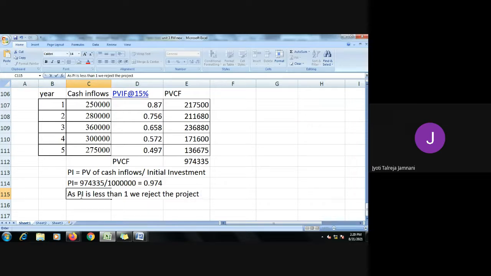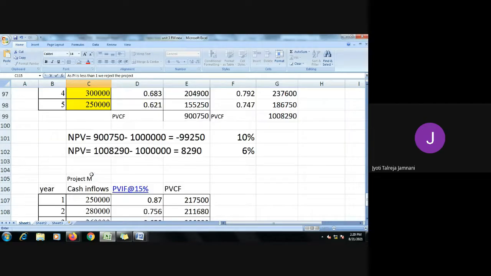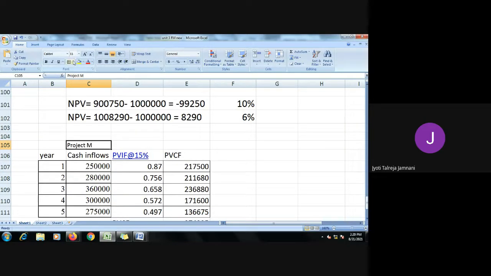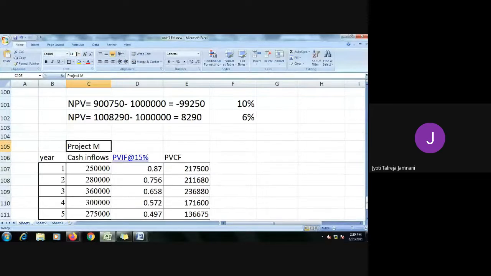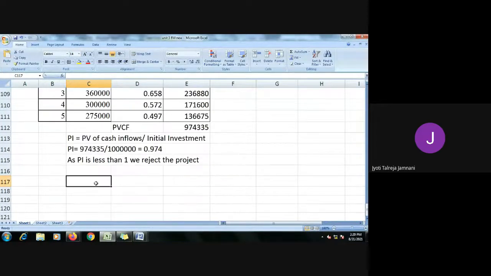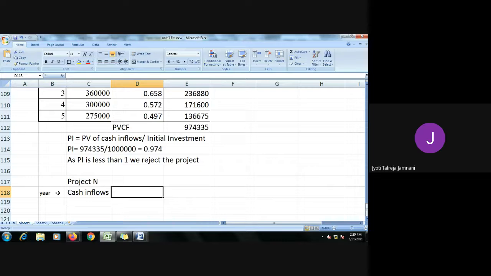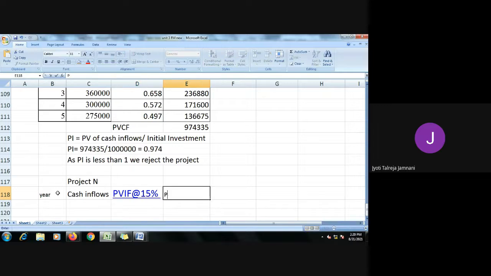Okay. Similarly, we have to do it for project N. We finished it for M. So the same method we will use and do it for project N now. Again the same columns here: cash inflows, present value interest factor at 15%, and present value cash flows.